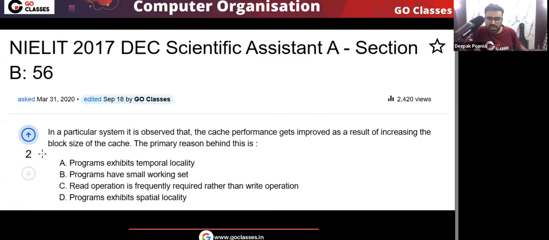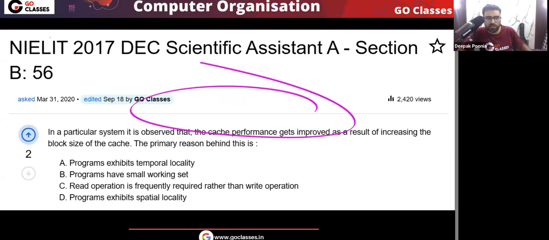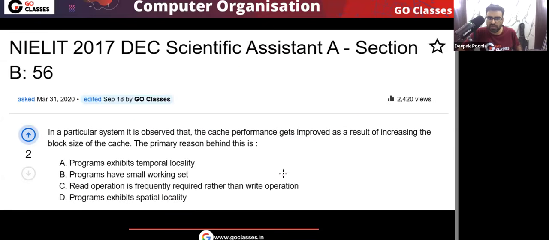The question says that in a particular computer system, it is observed that when you increase the block size, the cache memory performance also improves. Then what is the primary reason behind this?